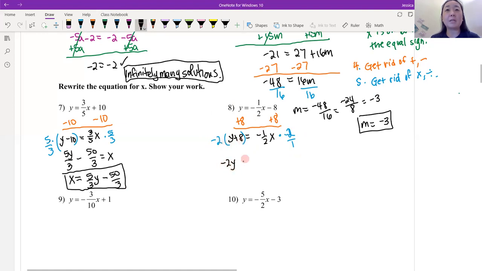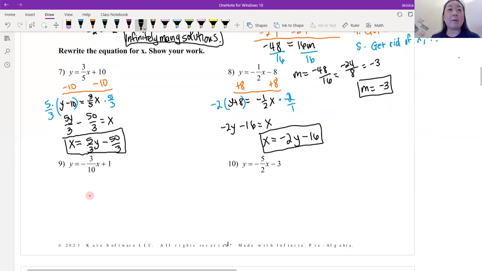And negative 2 times 8 is negative 16. And this is just equal to x. So we're going to rewrite this so that the x is on the left, and we get x is equal to negative 2y minus 16. Just like that. This one's not as weird looking as the other one, just because our denominator is just a 1, which is nice.